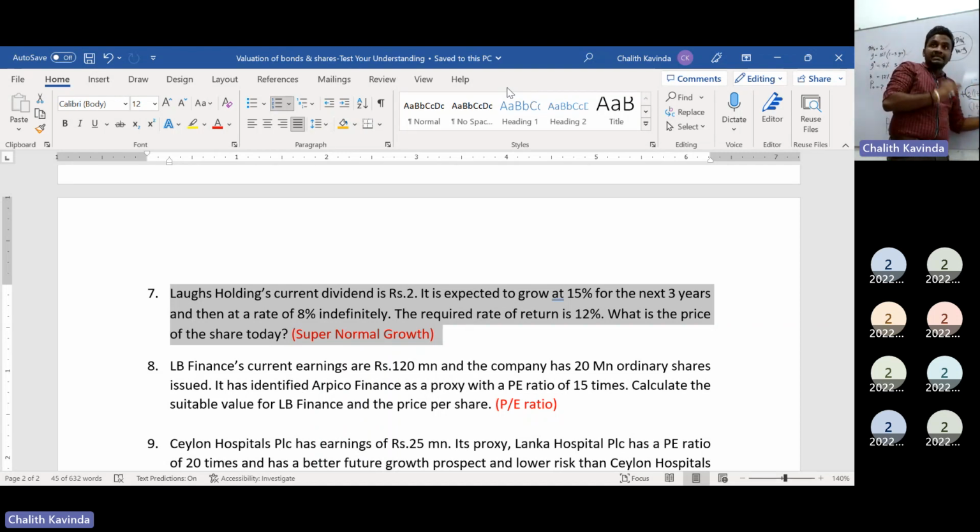But in this year, the dividend will increase at the rate of, let's say, 8% till infinity. At that time, please remember, you have to calculate the price of the share at the beginning of the perpetual growth period. That is what we have done here. So this is simply the supernormal growth model.